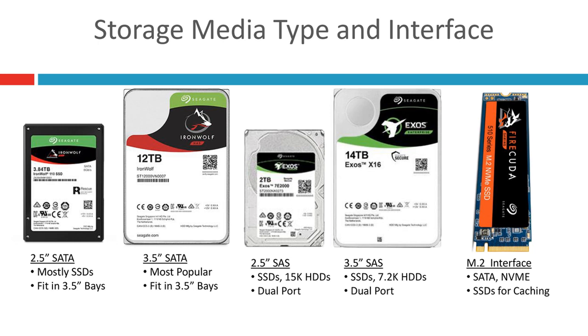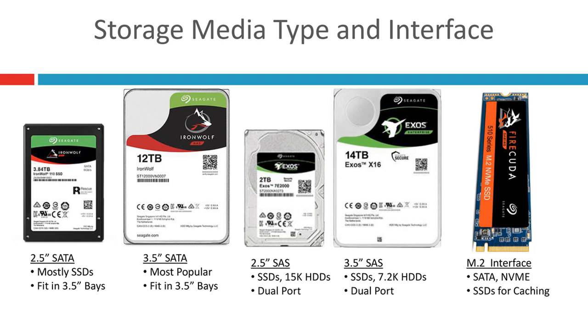So the performance of the hard drive, the class of the hard drive, is also one of the areas of consideration. The most popular drives are the 3.5-inch SATA drives, which one you see here as the IronWolf. They fit in the 3.5-inch bay, and they are the most popular ones because they offer you the most cost-effective solution and the best capacities.